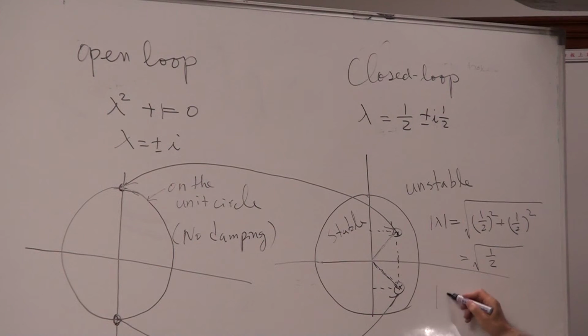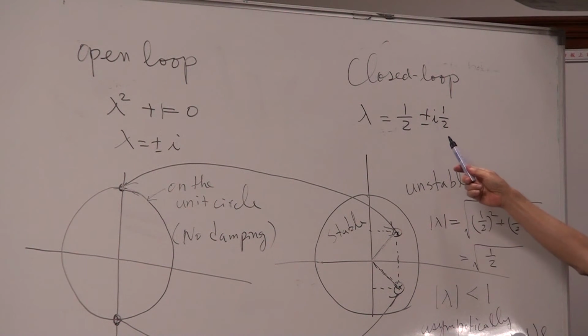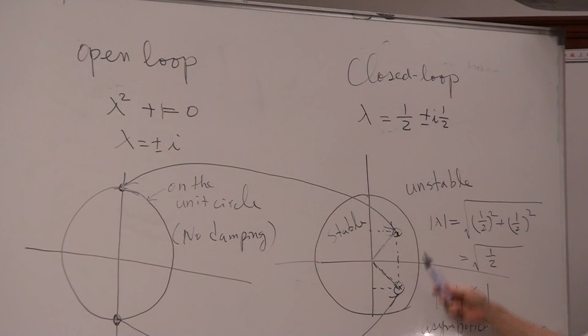As long as this length is less than 1, the system is asymptotically stable, because it's inside the unit circle. So if you look at the length of your discrete time system eigenvalues, you will know if the system is asymptotically stable or not.